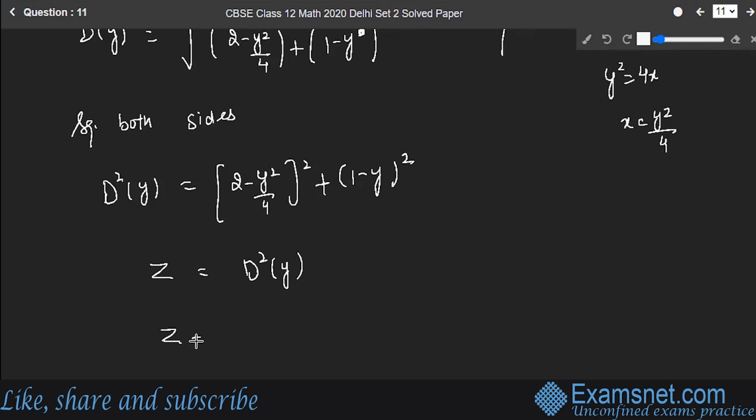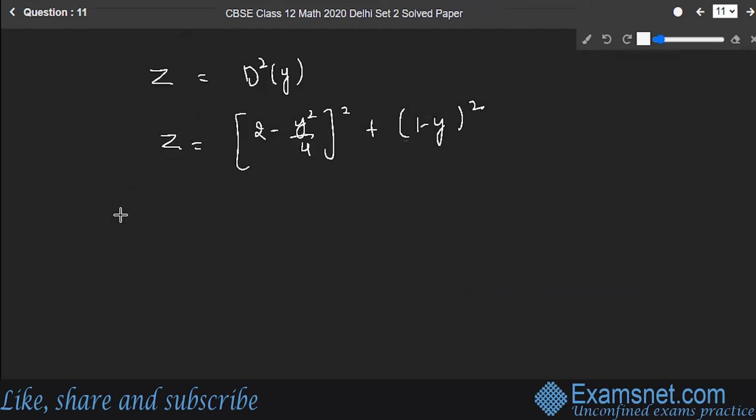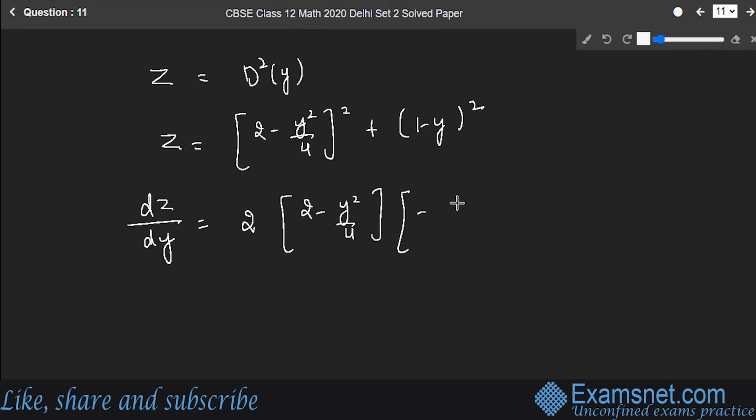So z is equal to (2 minus y square upon 4) square plus (1 minus y) whole square. Let's find the derivative of this with respect to y. This will be 2 into (2 minus y square upon 4) into the derivative of minus y square upon 4, which is minus 2y upon 4, plus 2 into (1 minus y) into the derivative of (1 minus y), which is minus 1.